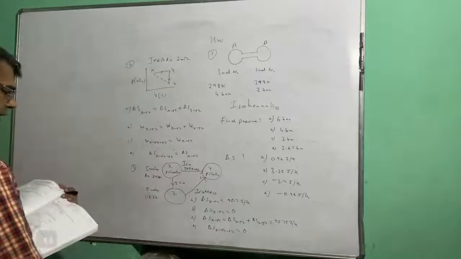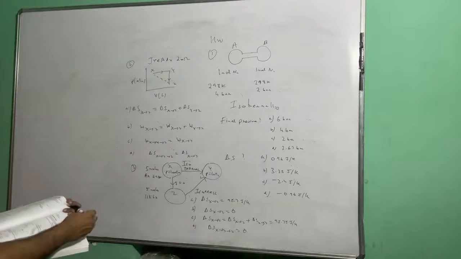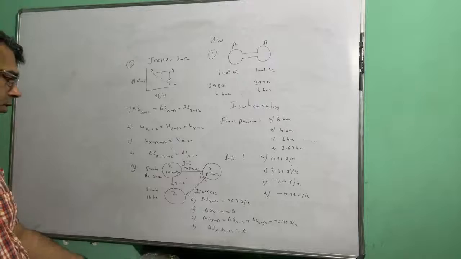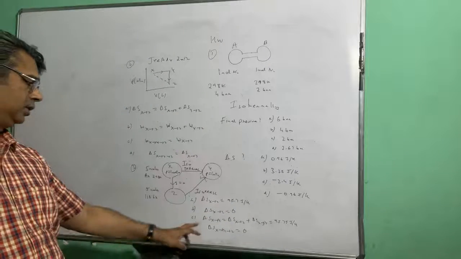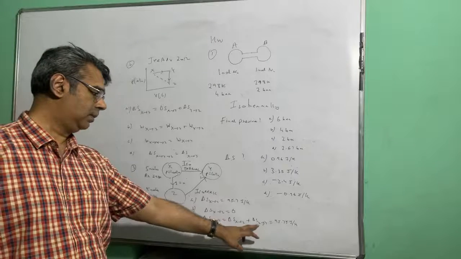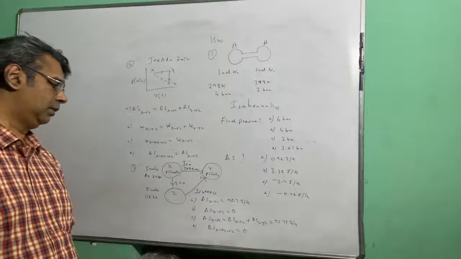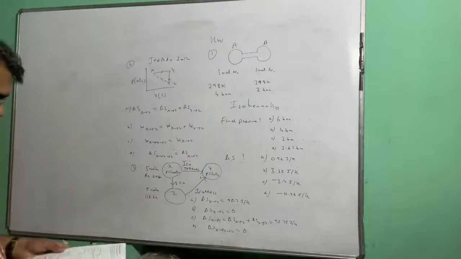And option D, change in entropy X to Y to Z is 0. So once again, the options are change in entropy X to Y is 95.7 joule per Kelvin. Change in entropy X to Z is 0. Change in entropy X to Y is X to Z plus Z to Y. That is 95.75 joule per Kelvin, and X to Y to Z is 0.